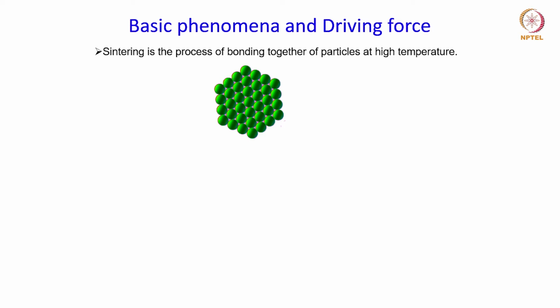Okay. So now, as I said, when you heat it to high temperature, two things can happen. One, it will densify, where these pores in between the particles will be completely eliminated and the particle contacts will grow and form the grain boundaries between the particles.